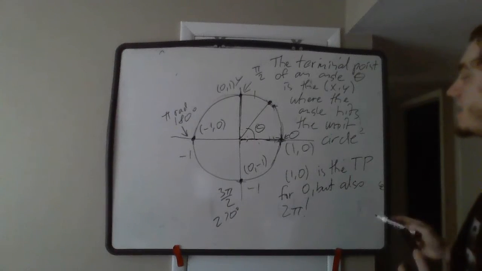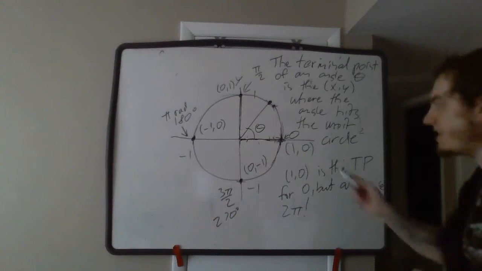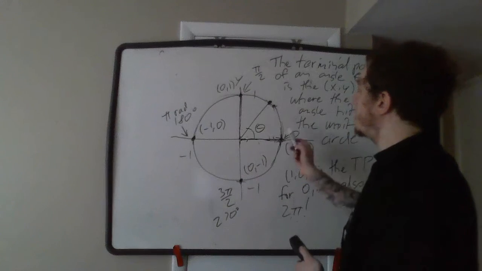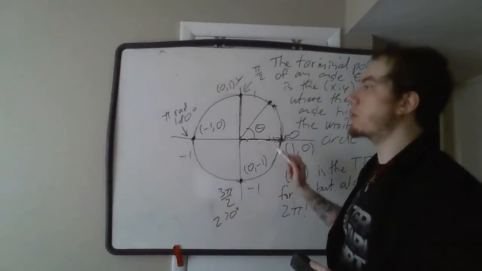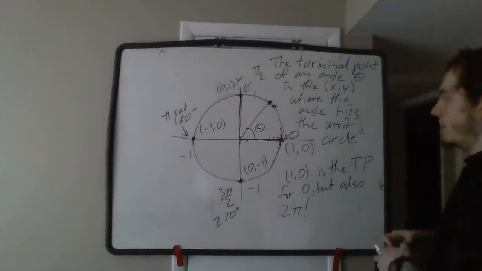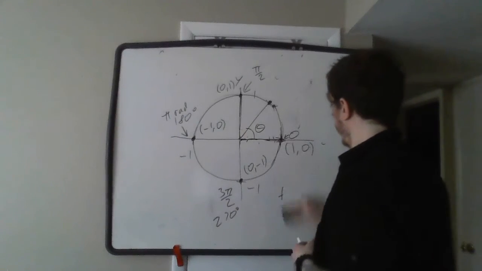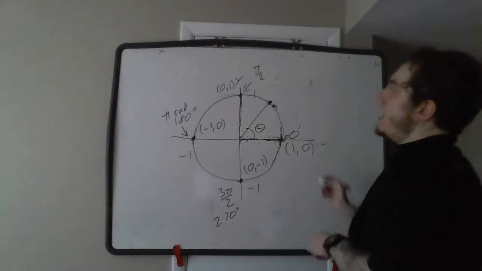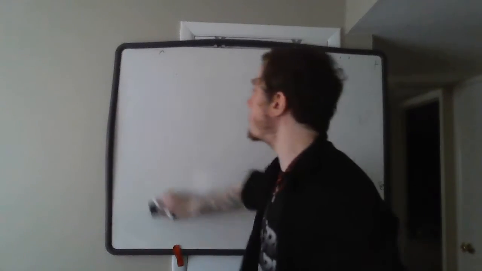And this is something that we can actually generalize. If I do 2 pi, I go around the circle one complete time. Well, if I go around the circle one complete time, that doesn't change the terminal point. So one thing that we can say is that, you know what, I'm going to erase this so I have a bit more room to write here. Hopefully you guys are taking notes and have already drawn your own unit circle that you can refer to for a few moments here.